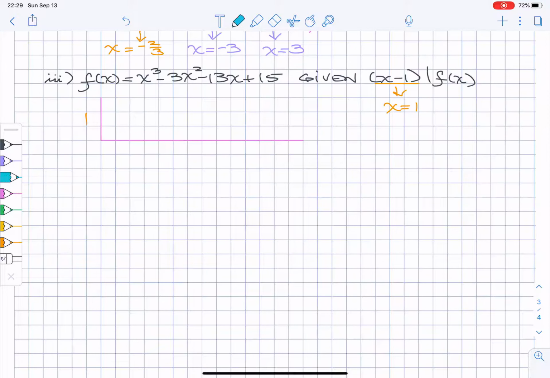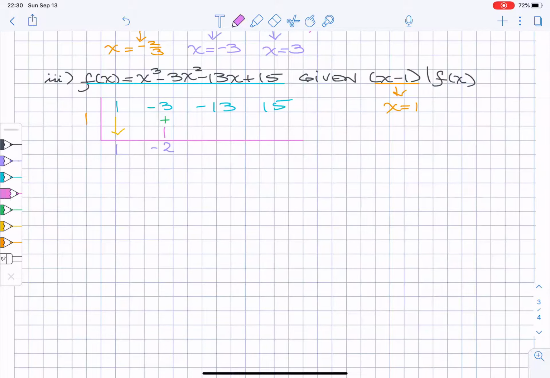Okay, now I can take my polynomial and look at the coefficients in descending order, which is 1, negative 3, negative 13, and positive 15. We drop down the 1. 1 times 1 is 1. Put that in the next column and add. 1 minus 3 is negative 2.